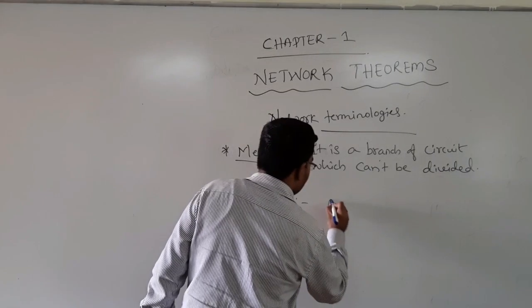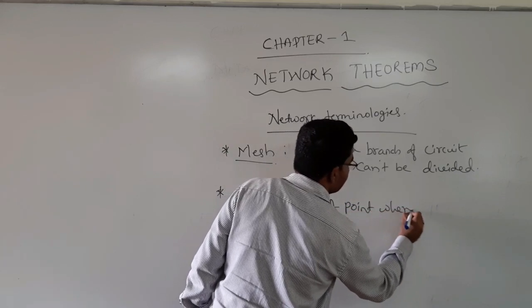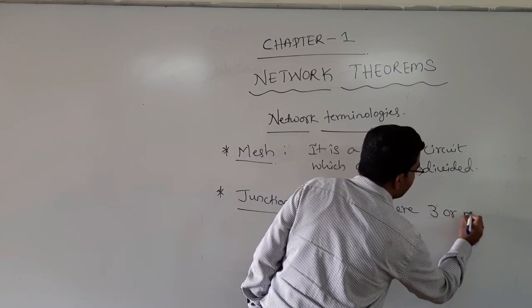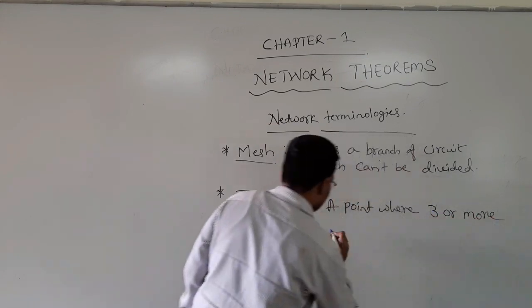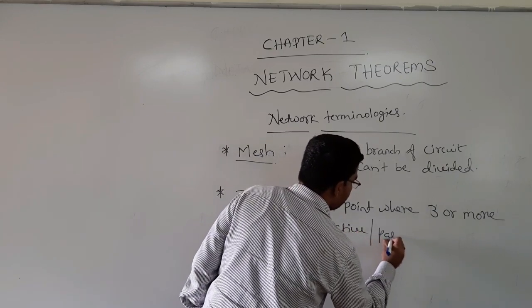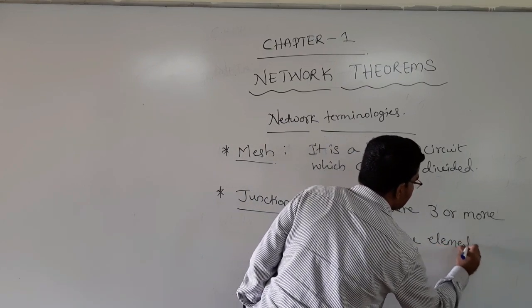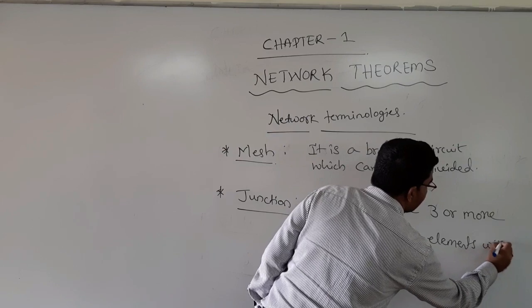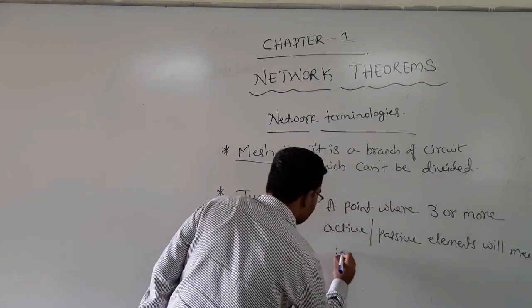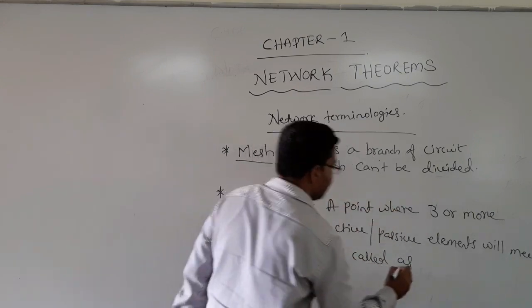Okay, a point where three or more active or passive elements will meet is called a junction.